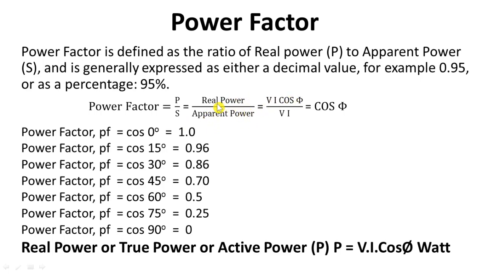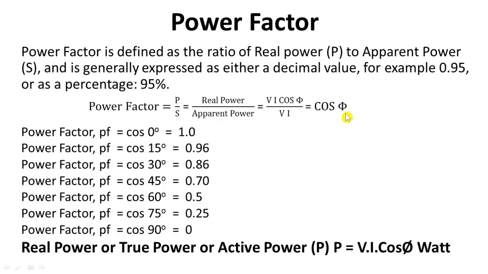We know the formula of real power is V into I cos phi, and apparent power is V into I. Then VI and VI get cancelled and we get only cos phi, meaning power factor is cos phi, the cosine of the angle between voltage and current. This phi means the angle between voltage and current, or we can say cos of phase angle.